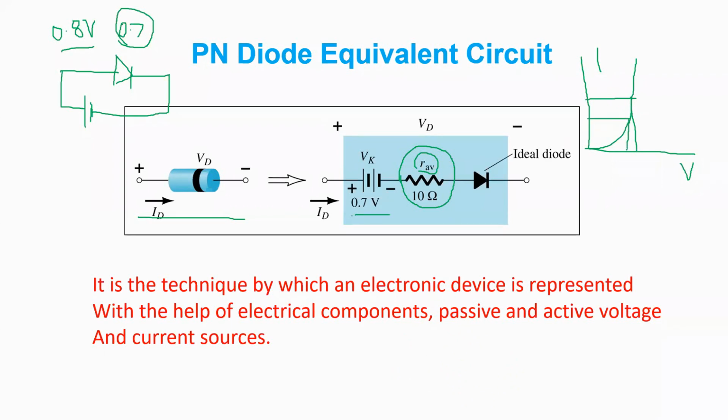This is your delta V, and this is your delta I, which gives you the average resistance. Last but not least is the symbol, that is the ideal diode. It acts as an open circuit in cutoff and a closed circuit when it is in the conducting state.